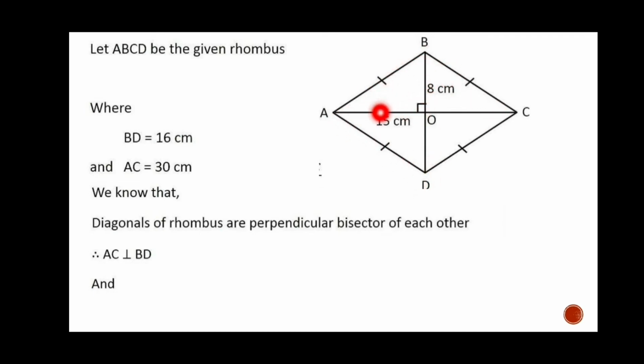So we will apply the Pythagoras theorem here in this triangle AOB and we will find the hypotenuse. If we get the hypotenuse, which is the side of the rhombus, we will multiply it by 4 and we will get the perimeter of the rhombus. So let's see.